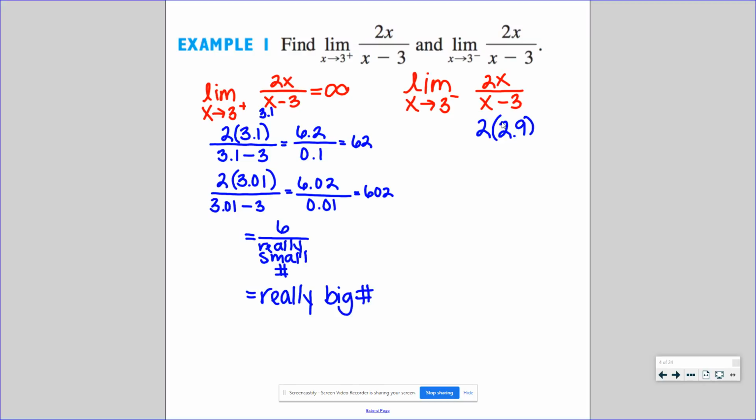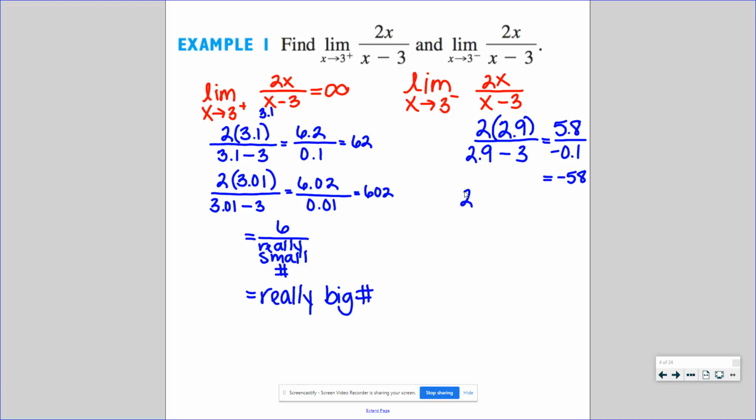Maybe you want to start with 2.9. The top is going to be 5.8. The bottom is going to be negative 0.1 in this case. And if you divide those, you would get negative 58.